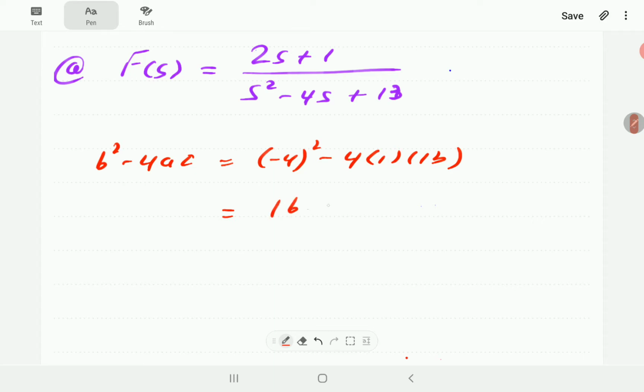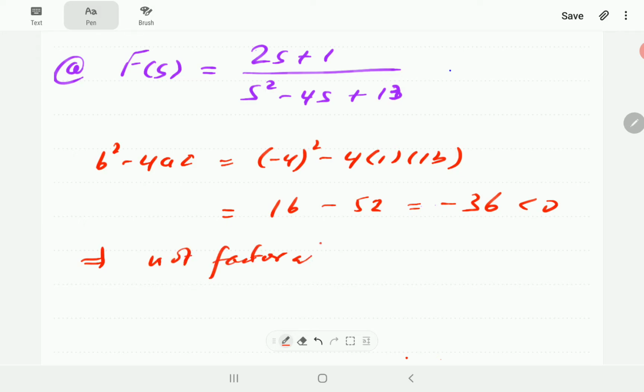So this is going to be 16 minus 4 times 13, which is 52. So this is 16 minus 52, which is negative 36. Since this is less than 0, the quadratic is not factorable.